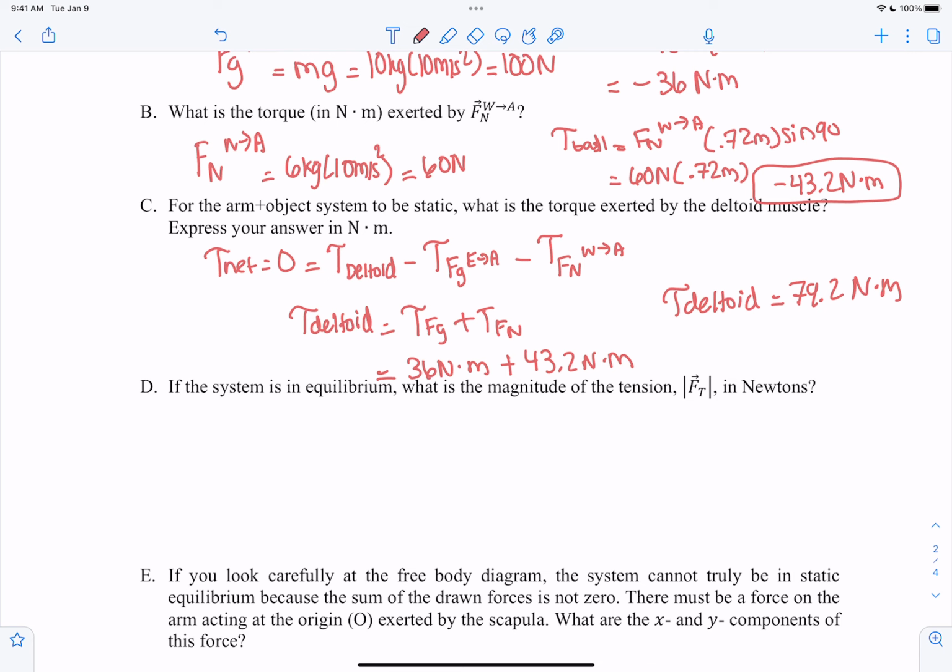Now, if the system is in complete static equilibrium, like we said, not only does the torque have to be zero, but the forces have to be zero, right? And so now we're interested in, if this is the torque needed to have static equilibrium, with the forces all canceling out, what is the magnitude of the force that is going to be giving us a torque?